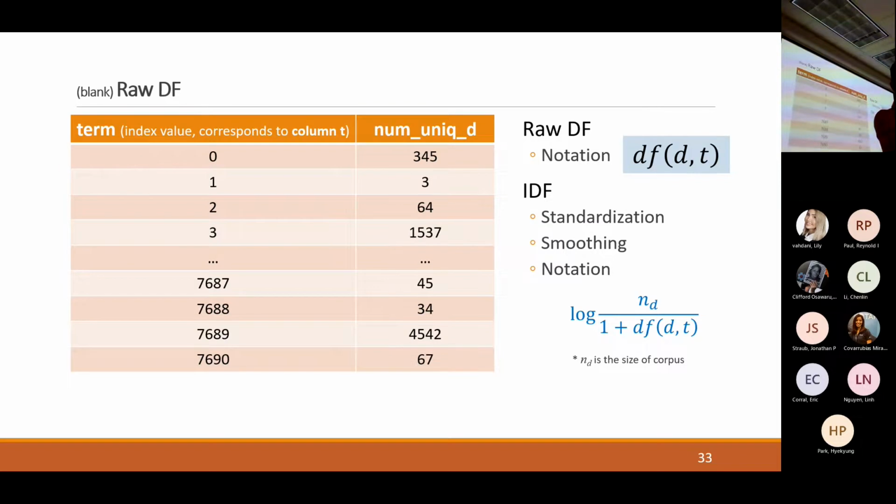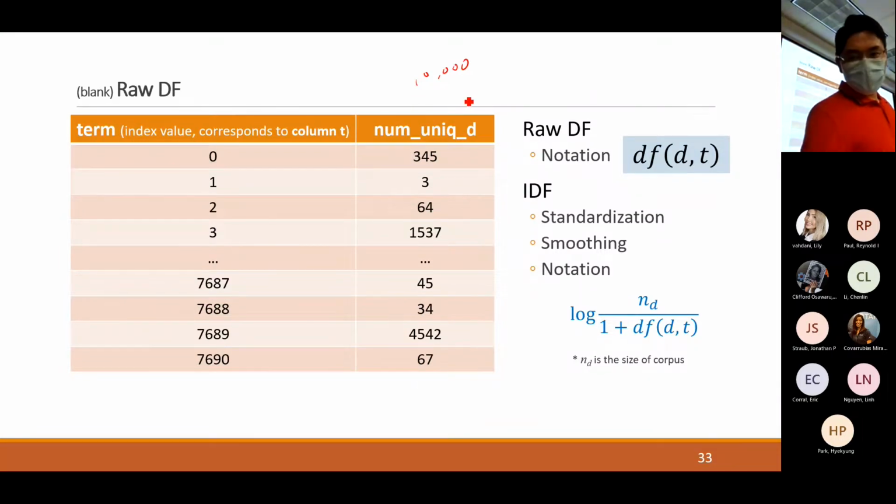If we have 10,000 data points, and this word appears 10,000 times, which means it appears in every document, it's not informative. It should be discounted. If it appears only once, it should also be not informative.